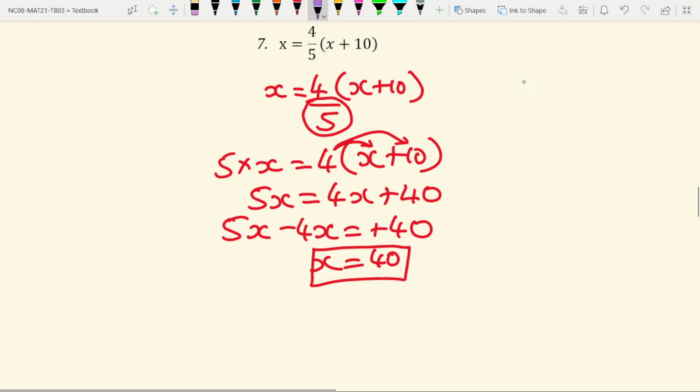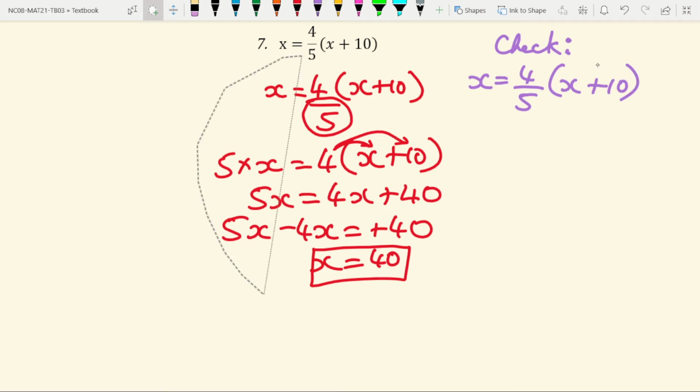So let us check whether our answer is correct or not. To check, we have to write the equation as it is: x is equal to 4 by 5 into bracket x plus 10.